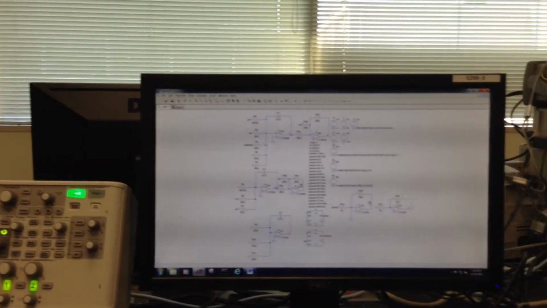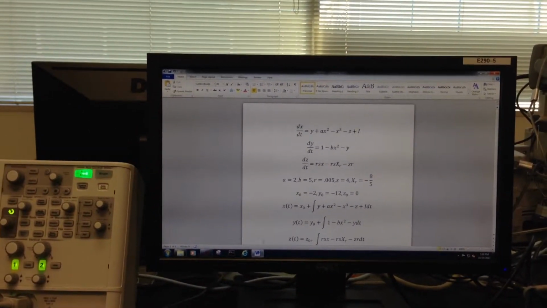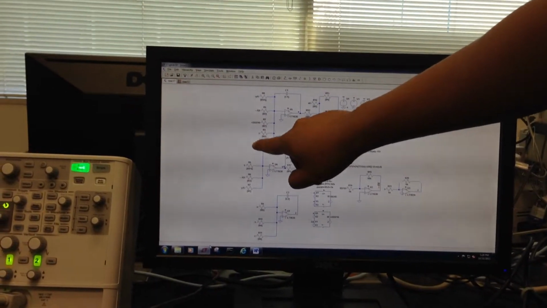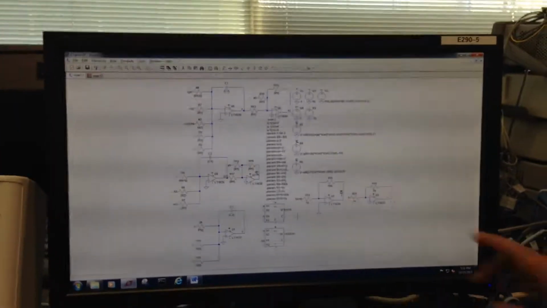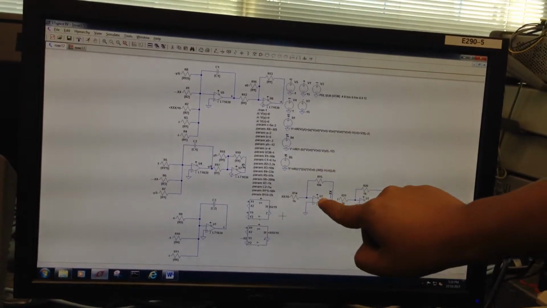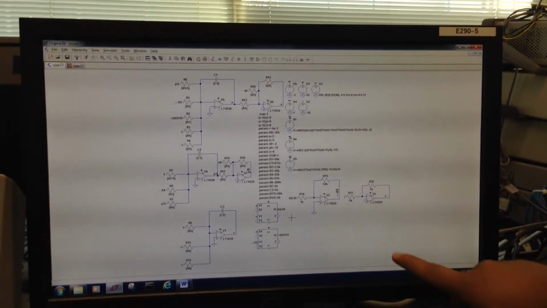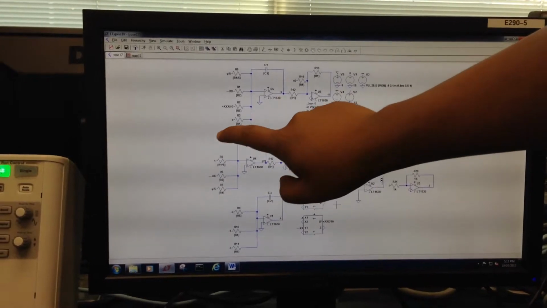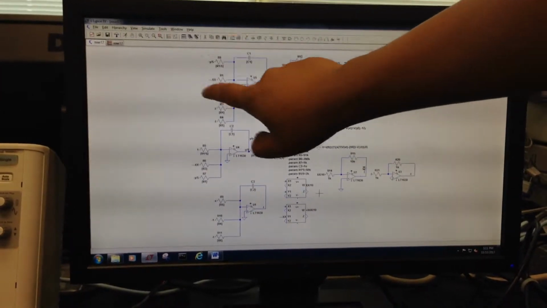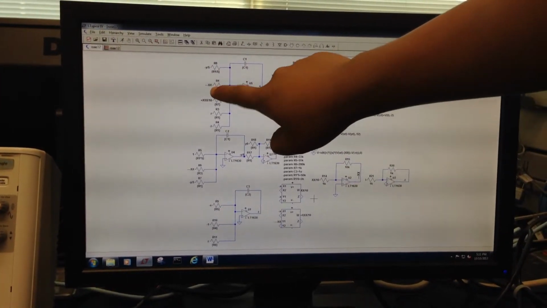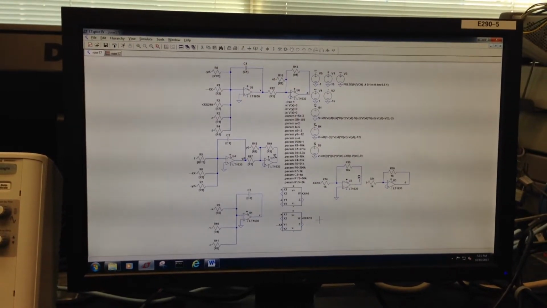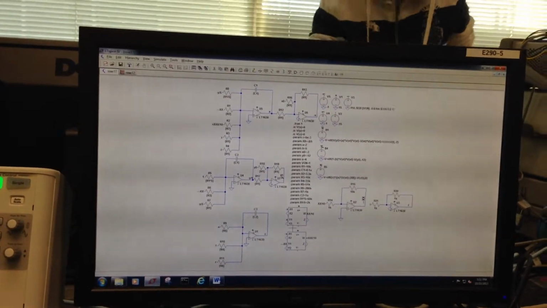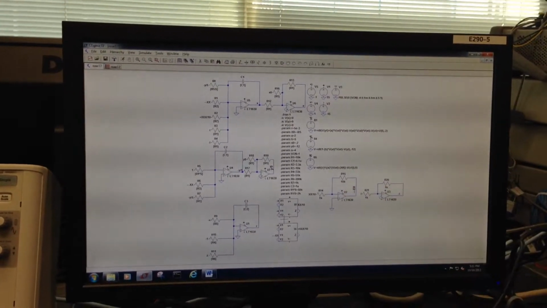But since the differential equation consists of addition and subtraction, we have to compensate for that by inverting various inputs using an inverting amplifier with a gain of 1 for the y and for the x squared. Also, for our design we use the LT1633 op amps and the AD633 multipliers.